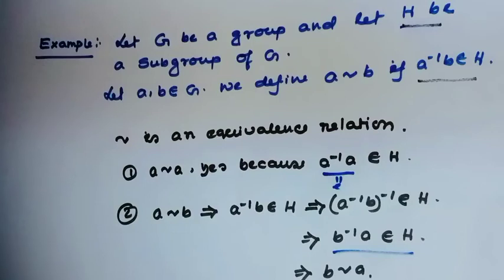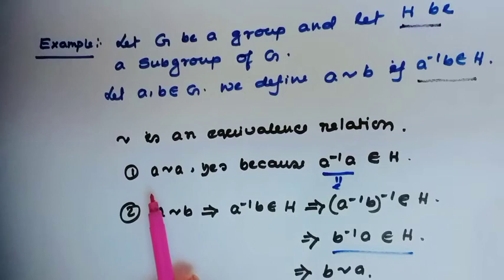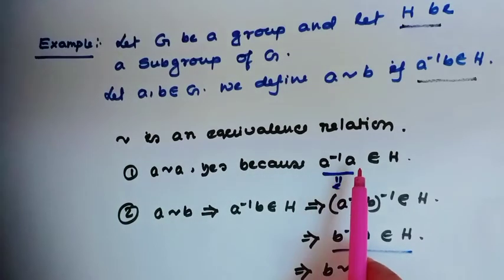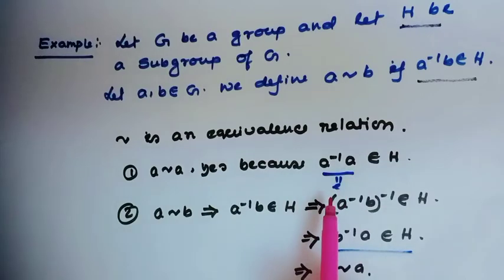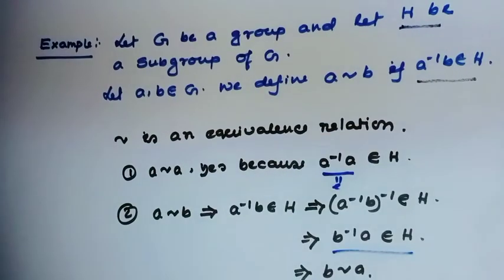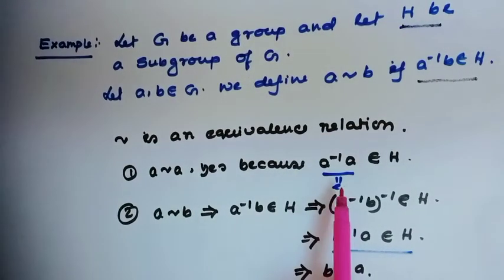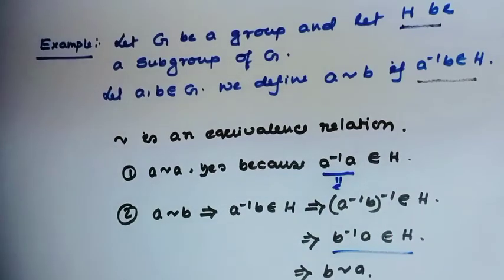First, we have to prove the relation is reflexive. Here, a is related to a. Why? Because a inverse a equals the identity, and since S is a subgroup, the identity is always a member of S. So the relation is reflexive.